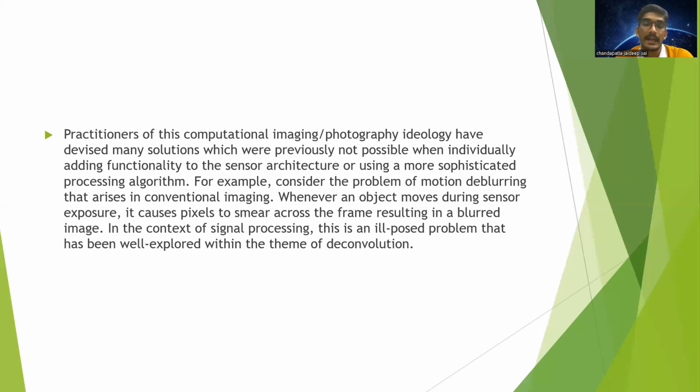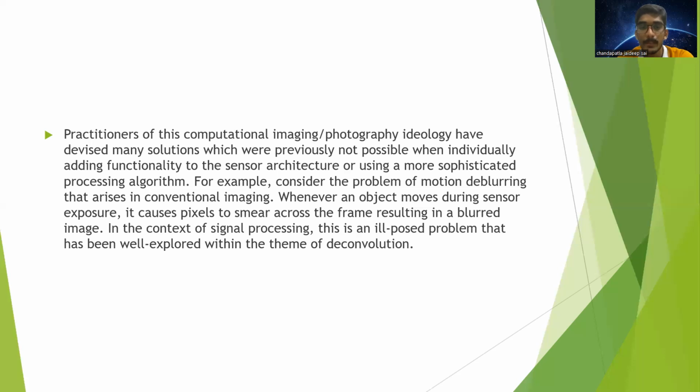So, practitioners of this computational imaging and photography ideology have devised many solutions which were previously not possible when individually adding functionalities to sensor architecture or using more sophisticated processing algorithms. Many developers made algorithms which added functionalities to the sensor architecture for imaging.